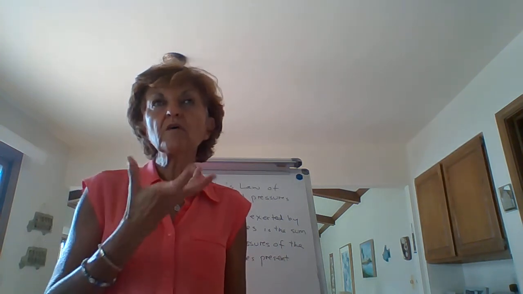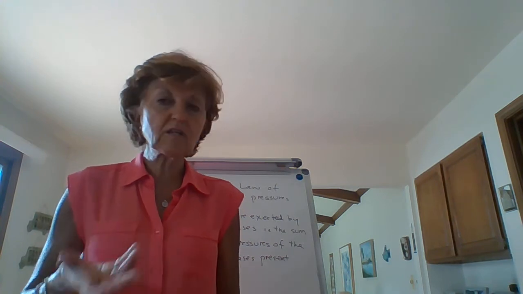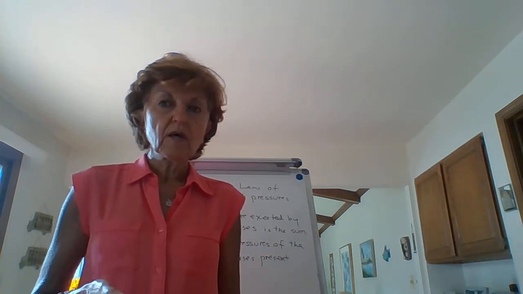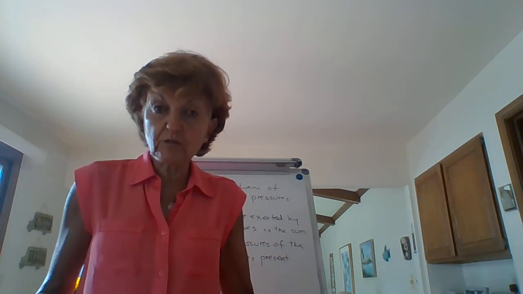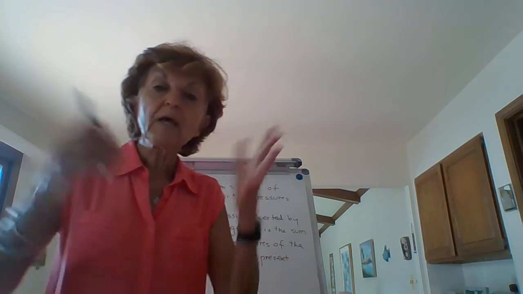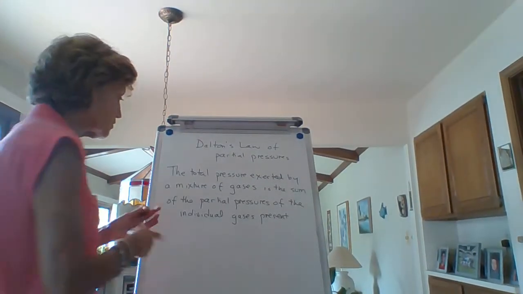Because when you think of PV equals nRT, if the volume is the same and the temperature is the same, if the moles are the same, then obviously the pressures will be the same, okay?